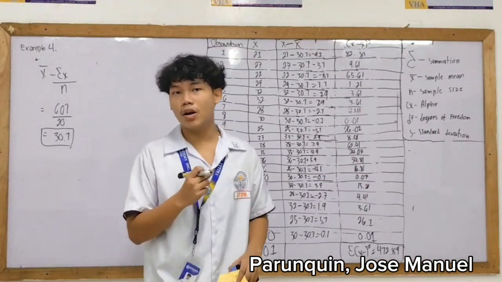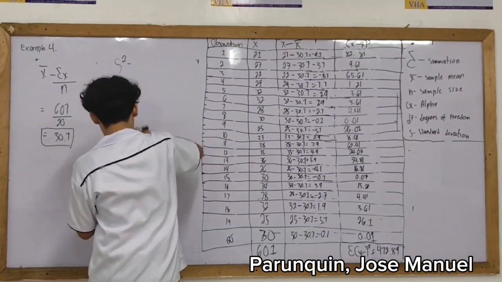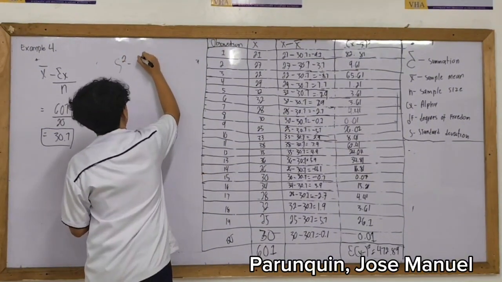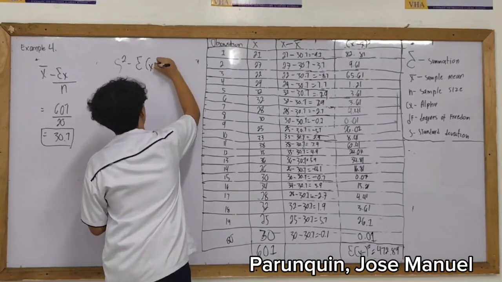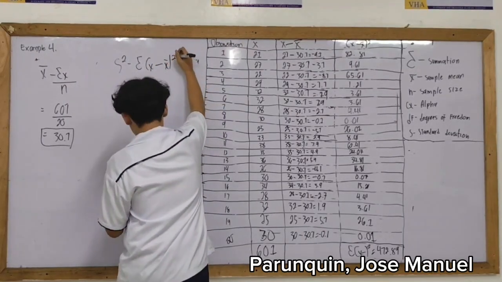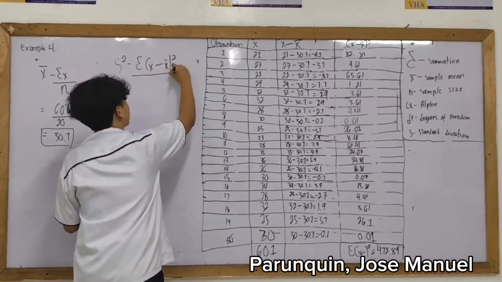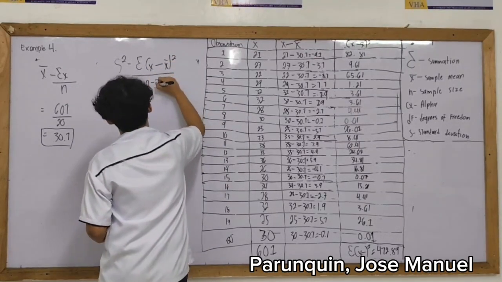So let's proceed to our next step. The standard deviation is the square root of the summation of x minus sample mean squared over sample size minus 1.